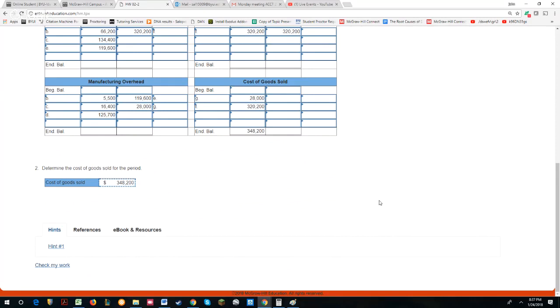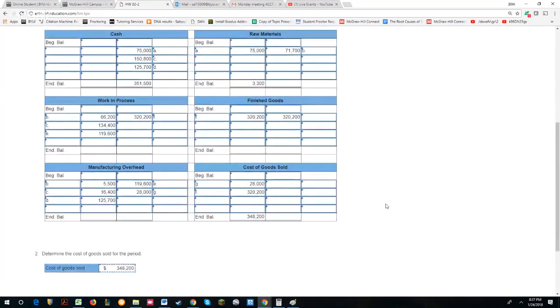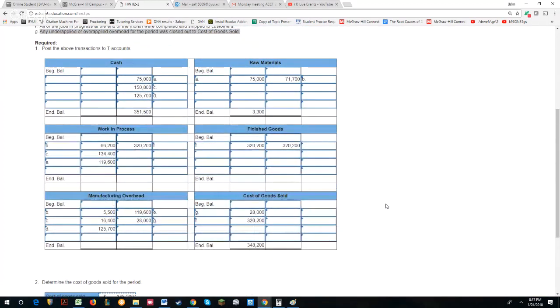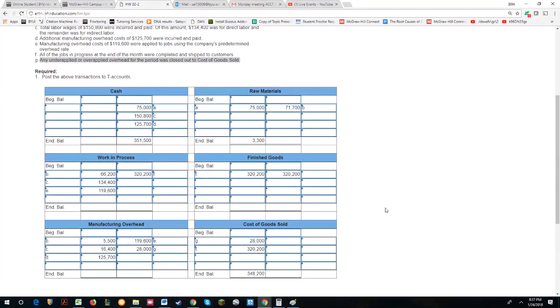It says I got everything green, but it says that my answer is not complete. That's what mine said, and that's why I don't know. I don't know what I missed. I thought it was something to do with G, because it says any under-applied or over-applied overhead.